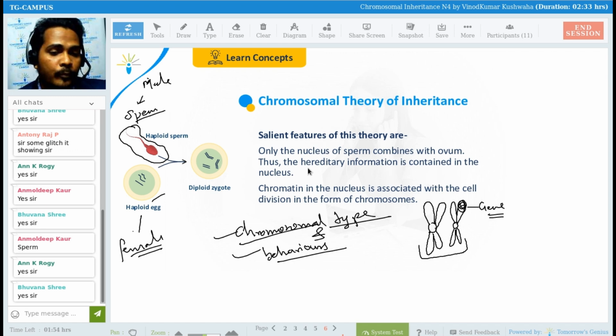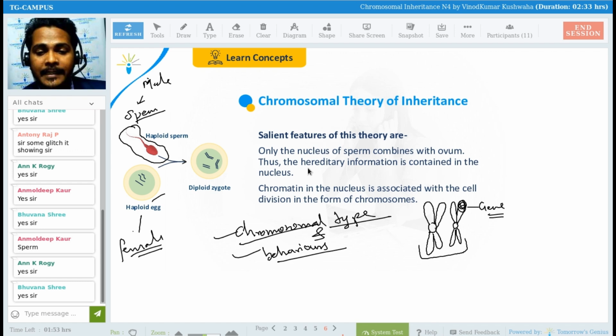Now if there is a homologous chromosome, synapsis during the meiosis and then segregate independently into two different cells, which establish the quantitative basis of segregation and independent assortment of hereditary factors. In many organisms, the sex of an individual is determined by specific chromosomes, and that specific chromosome is called the sex chromosome.